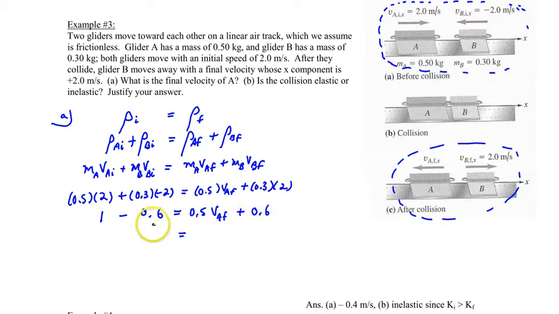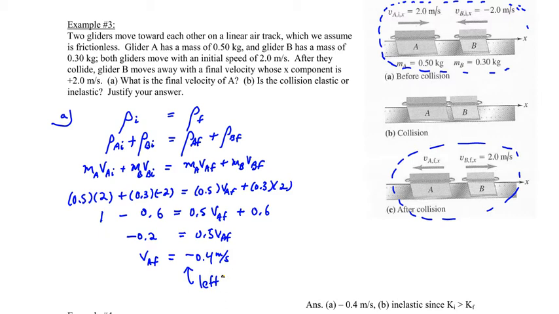So let's combine all the numbers on one side. Let's say the left side here. So we have 0.5 VA final, and we have a negative 0.2 on this side, which we then divide by 0.5, and VA final will come out to be negative 0.4 meters per second. And the negative is indicating that it is moving to the left.